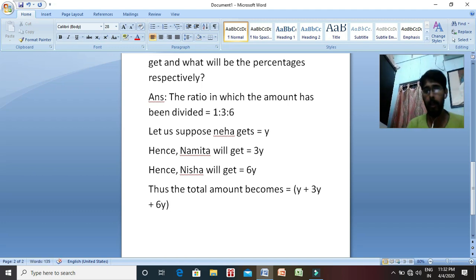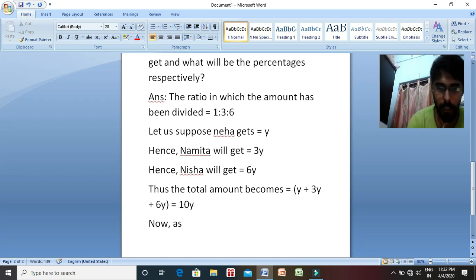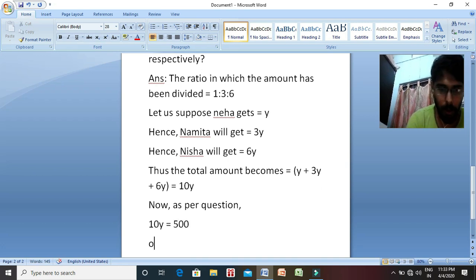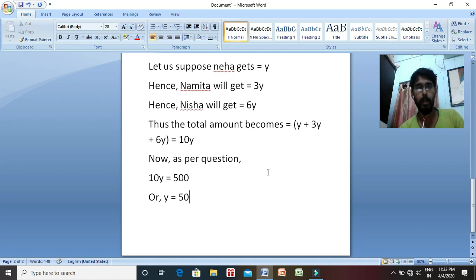So y plus 3y plus 6y is equal to 10y in total. So this 10y is nothing but 500. Let us write another line. Now, as per the question, 10y equals 500, or y equals 50. So y is equal to 50.